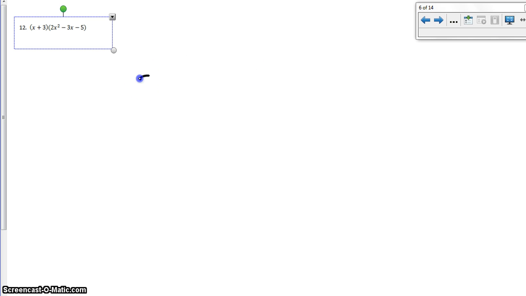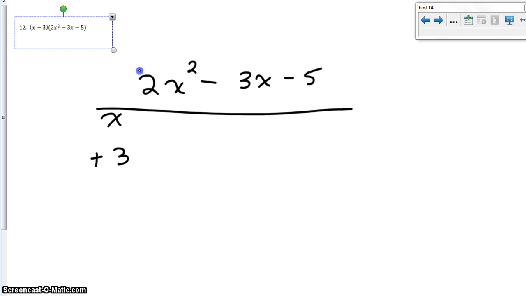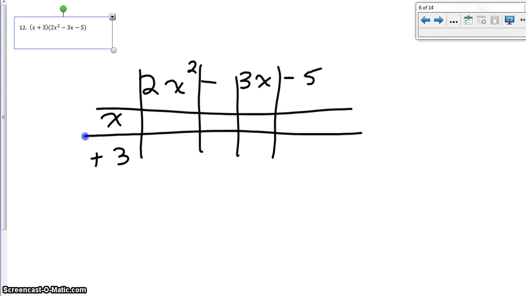Now, for this one, I do prefer to use the box method. I do know there are several people who would rather use the distributive property, and that's fine by me as long as we get the same partial products and as long as we get the same solution. So, 2x squared times x is 2x to the third.